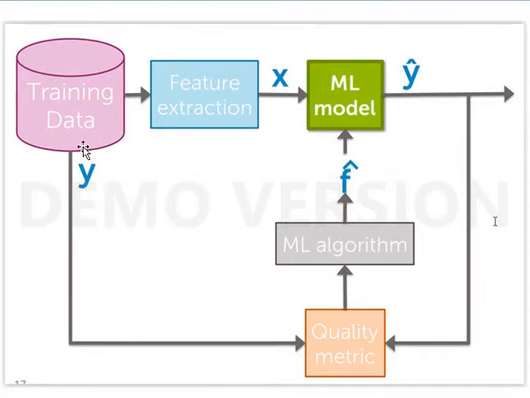Then I will also take the sale price of the house from the training file, the target variable, and compare these two to see the error in the model. Then I will refine my model to minimize the error. This is the basics. This is what is happening in machine learning.